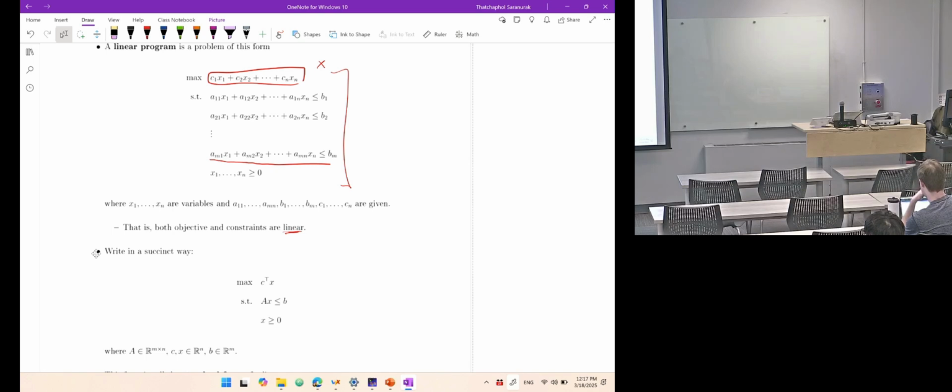And you want x to be positive, which means that every xi is not negative. And b you encode into a vector of dimension m, not n. And A is a matrix of size m by n. Then you can encode this whole inequality succinctly in this way. Make sense?